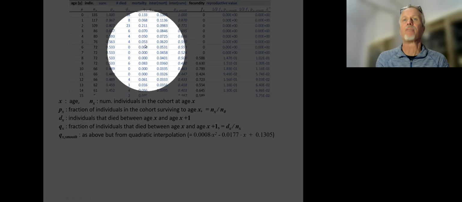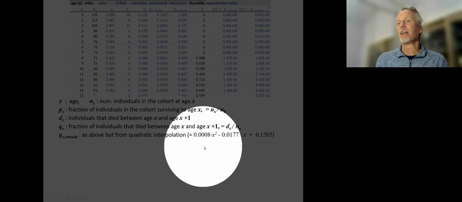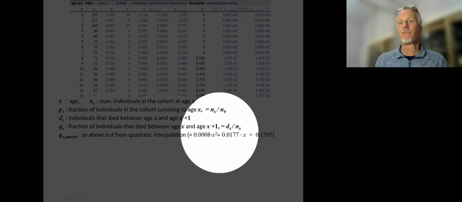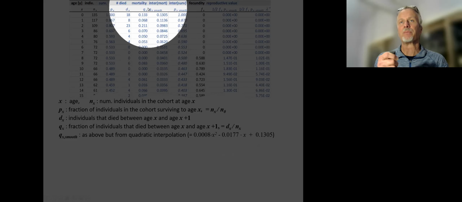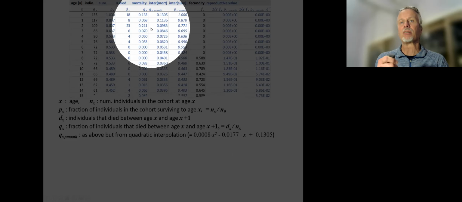during that time interval. So in this case, I've used a quadratic function to smooth the fraction of individuals dying between age X and X plus 1.